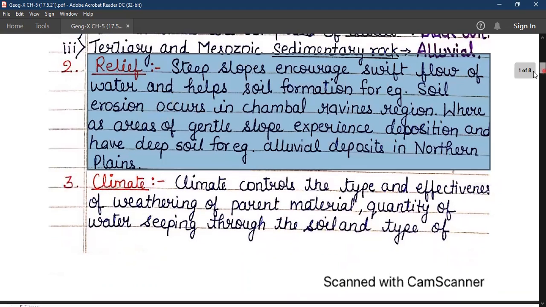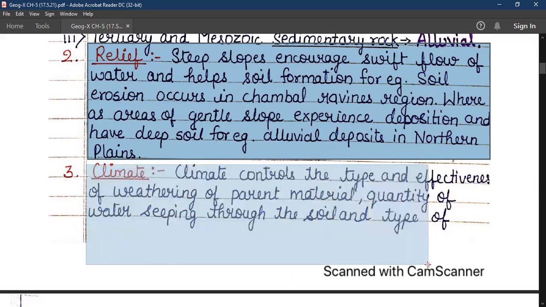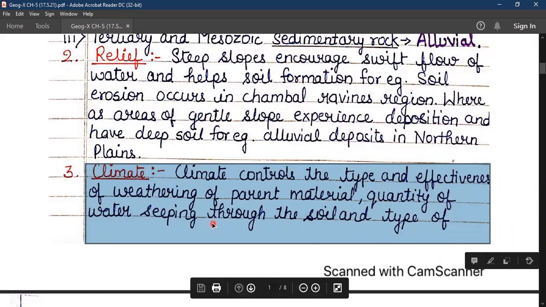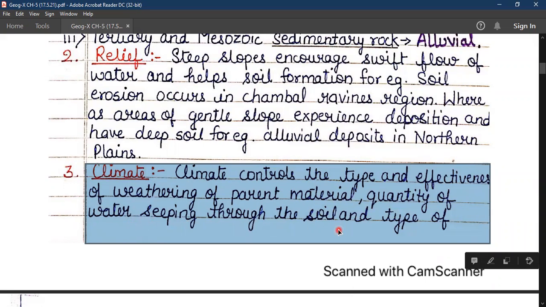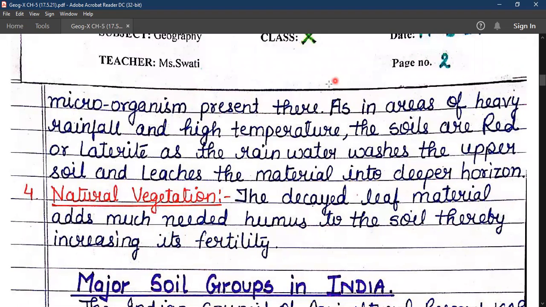The third factor is the climate. Climate controls the type and effectiveness of weathering of parent material, the quantity of water seeping through the soil, and the type of microorganisms present there.